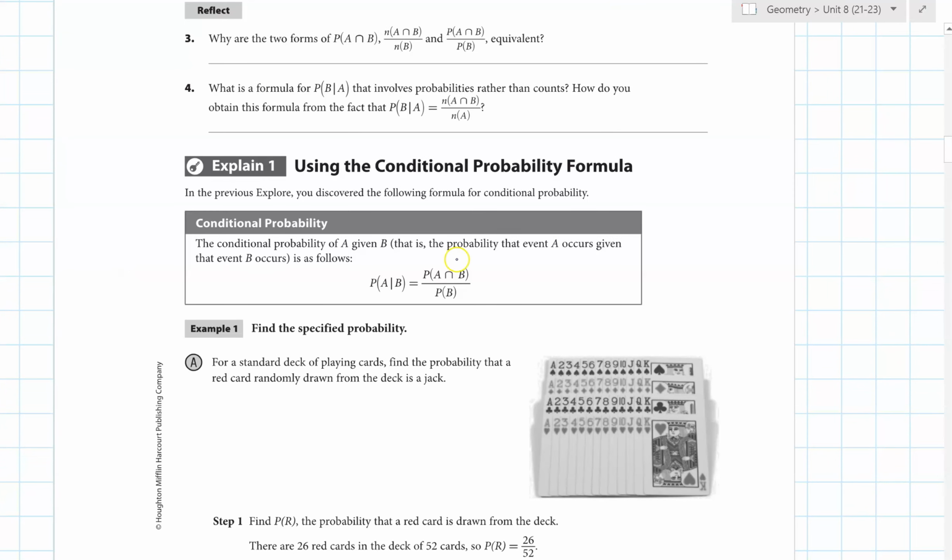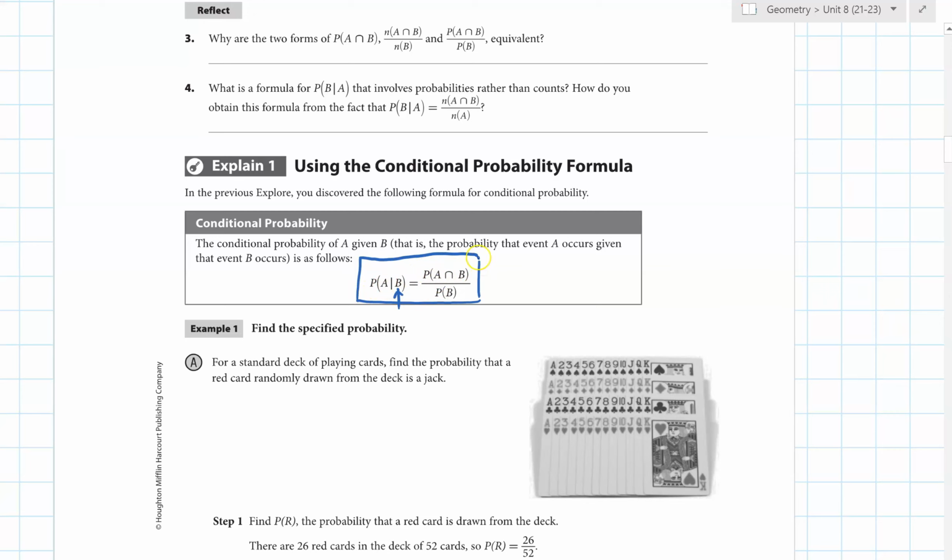So this is in general how you can calculate a conditional probability, by doing the intersection on top divided by the probability of the given attribute in the bottom. So probability of A given B is always going to be the probability that both A and B occur divided by the probability that B occurs.